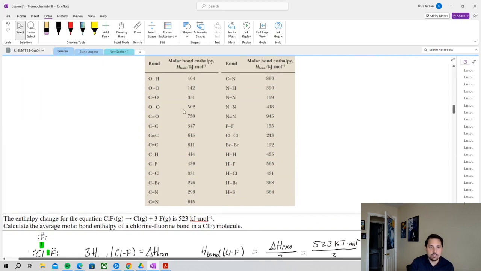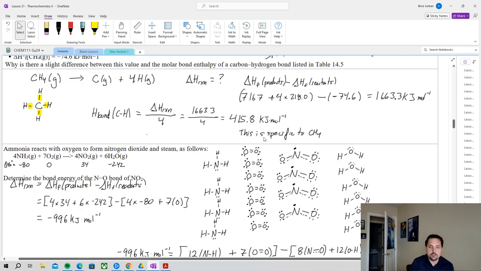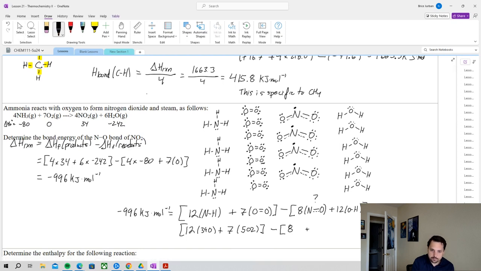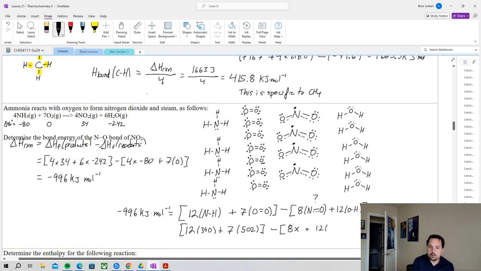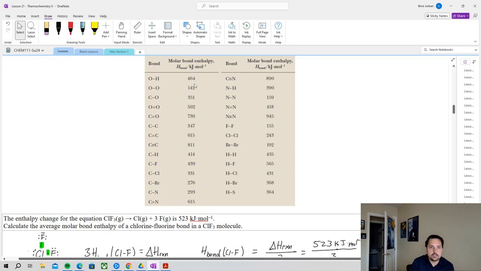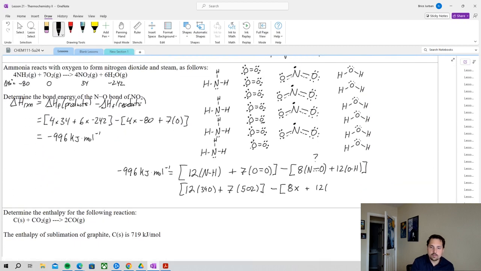Don't get that confused with the enthalpy of formation. It's 502. And then on the right side, we don't know what this value is. So that's what we're going to be solving for here. So I'm going to set that equal to x. And then 12 OH bonds. Okay, so oxygen-hydrogen is 464.